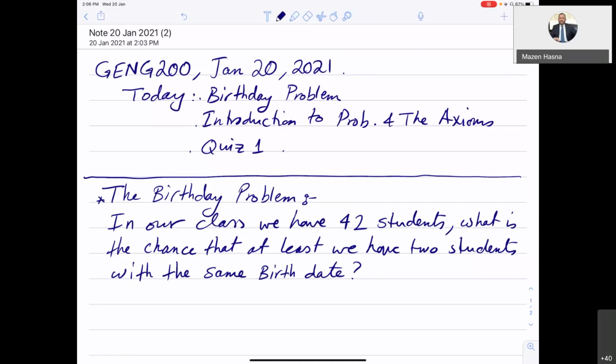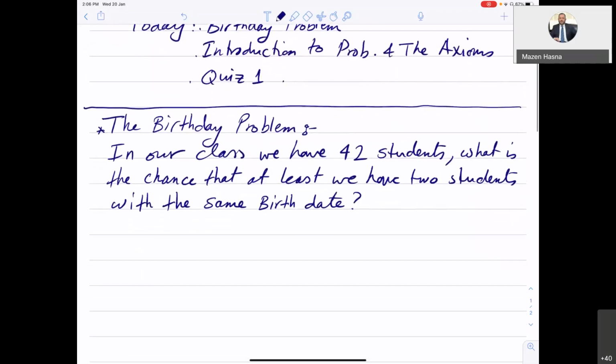So let's start with some questions. The first one is, and I mentioned this early on when we started talking about the counting techniques.